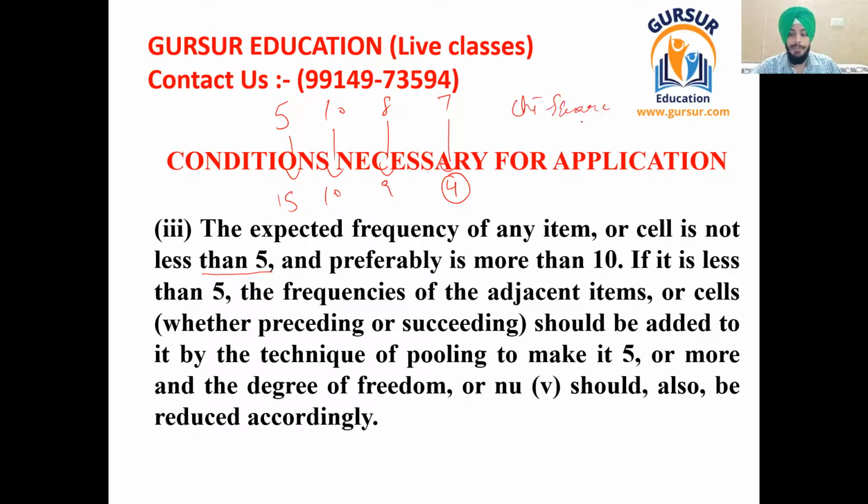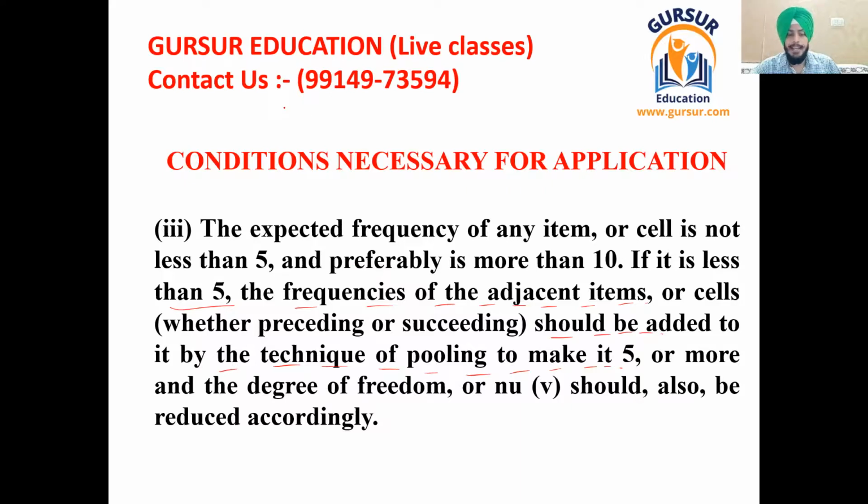This is also a very important condition. It's saying that the expected frequency of any item cannot be less than 5. Preferably, it should be more than 10. And if it is less than 5, then the frequency of the adjacent items should be added to it by the technique of pooling to make it 5.